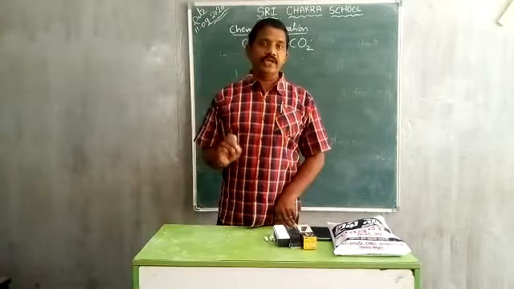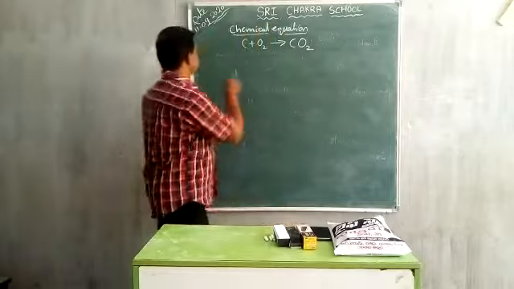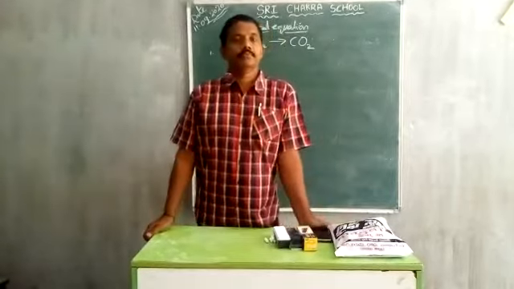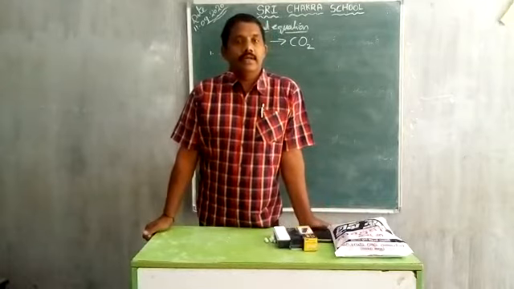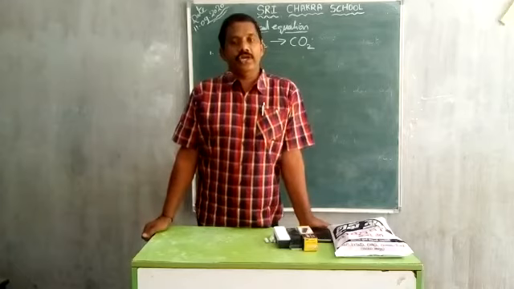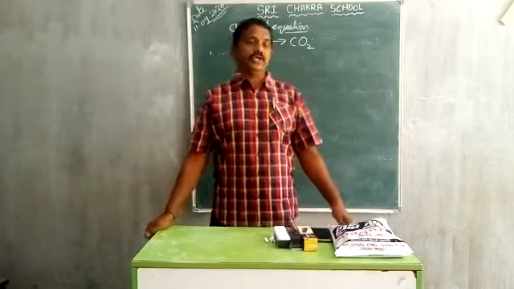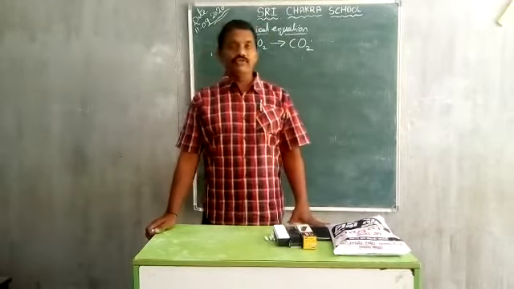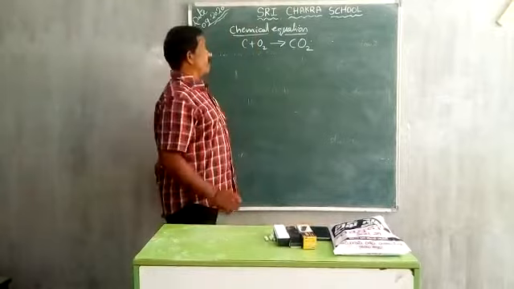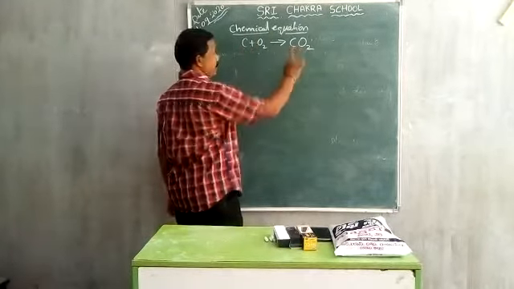First one is reactants that are entering into the reaction and products formed after the reaction. So, when you see a chemical equation, you can find the information regarding reactants and products.